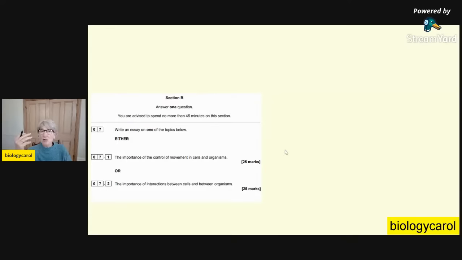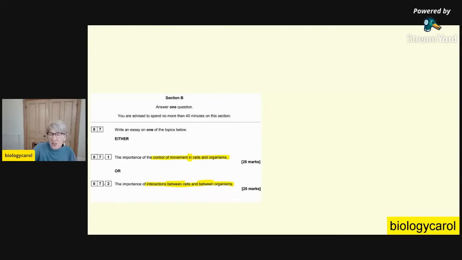I would then go back to the start of the paper and do the rest of the paper, because the rest of the paper might jog your memory of something you could include in the essay, particularly any extra to syllabus stuff, but it also gives your mind, even subconsciously, just an awareness that those questions are coming up. You'd be thinking about it even as you are turning back the pages. So there's my logic.